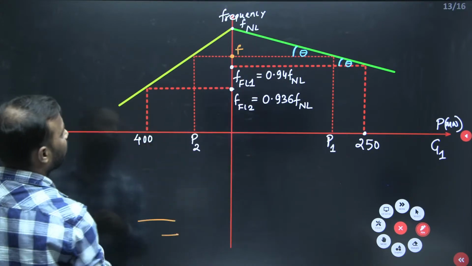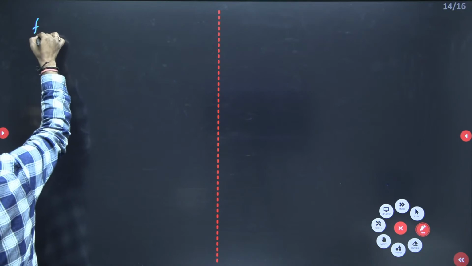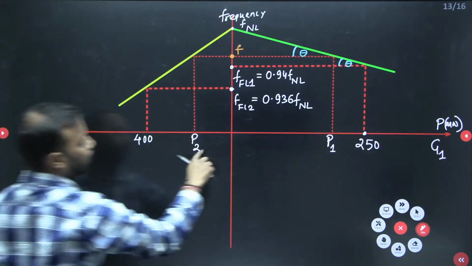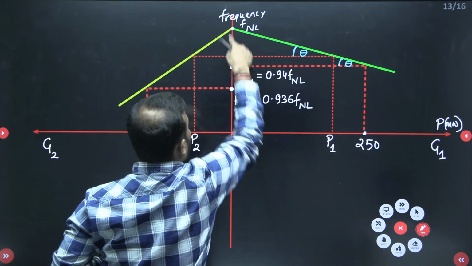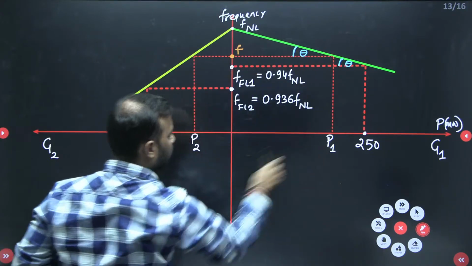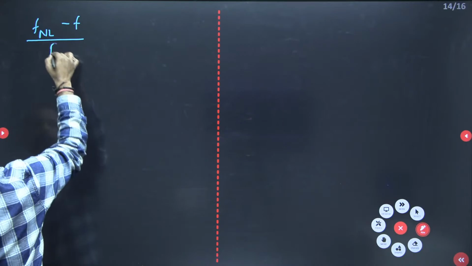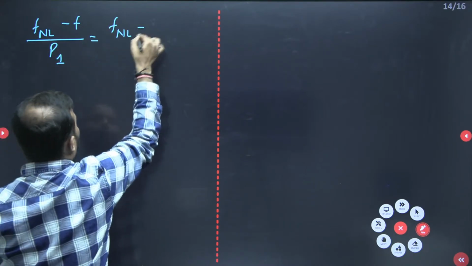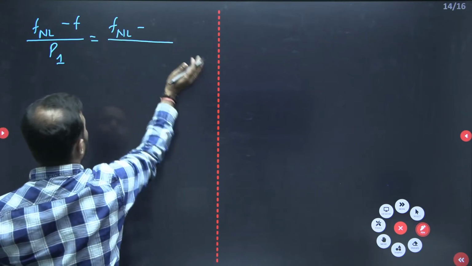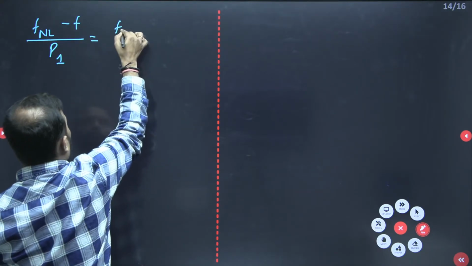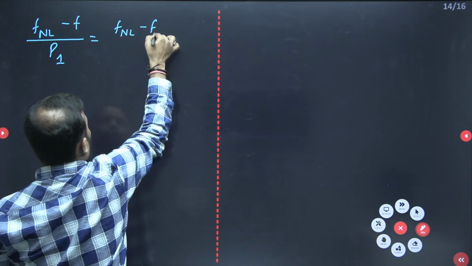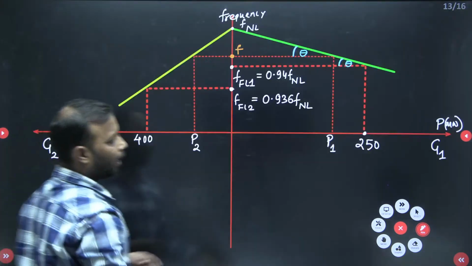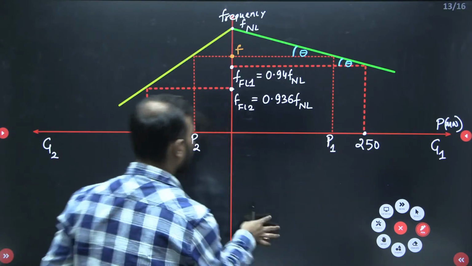So let me write (F_NL minus F) whole divided by, what is the power here? In this smaller triangle, power is P1, divided by (F_NL minus F_full load 1) whole divided by the rated power, which is 250.